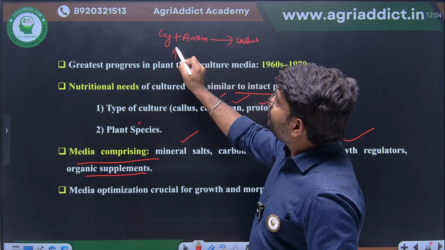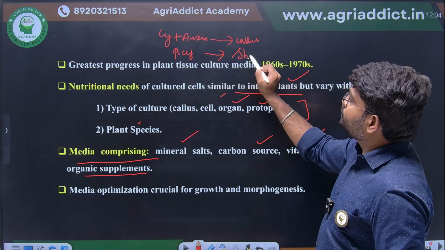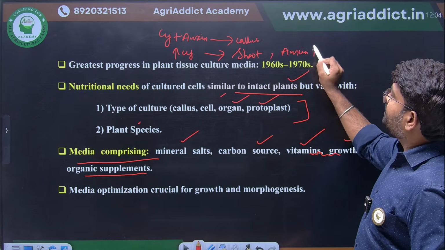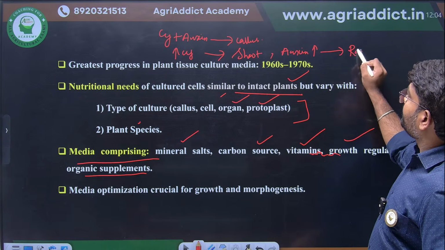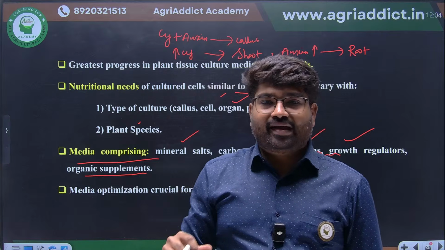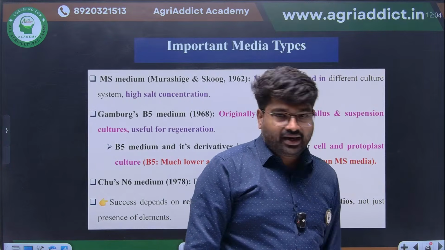If cytokinin concentration is more, that will lead to formation of shoot. If auxin concentration is more, that will lead to formation of root. So based on the concentration of these plant hormones, we can develop rooting and shooting from our explant. This we have already discussed.